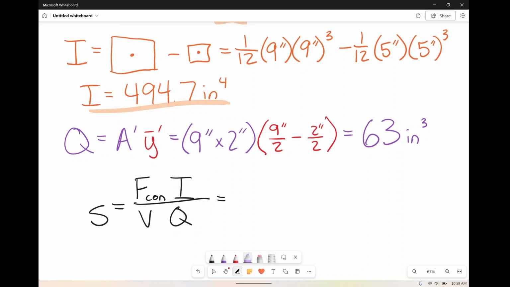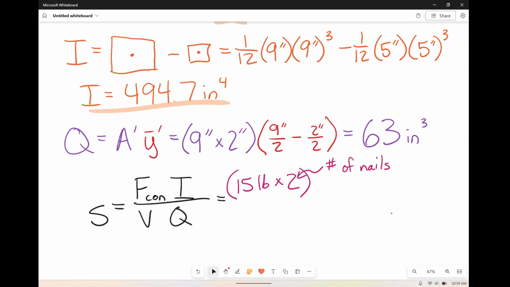So we have 15 pounds times 2 nails. So again, this is the number of nails in the connector. There's 2 nails in this board that's being connected.